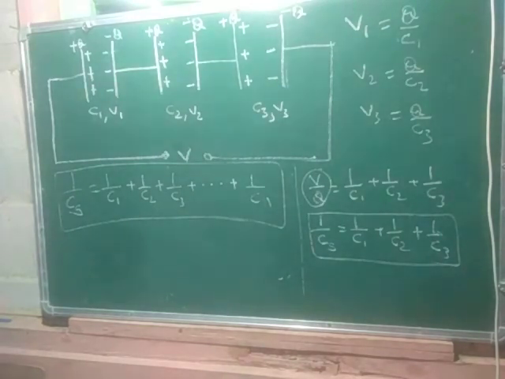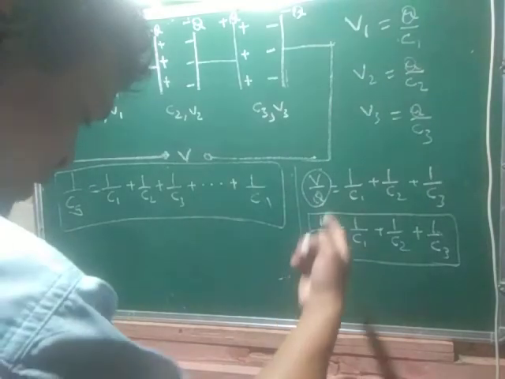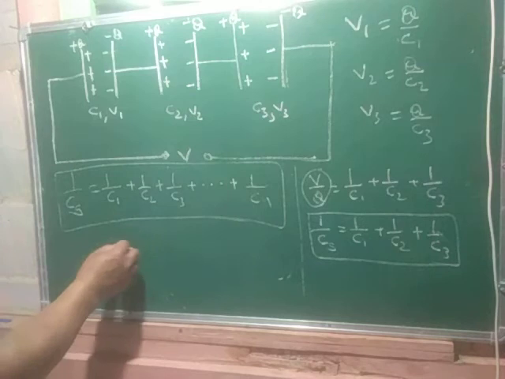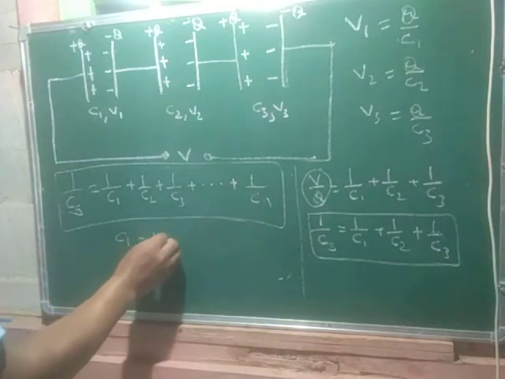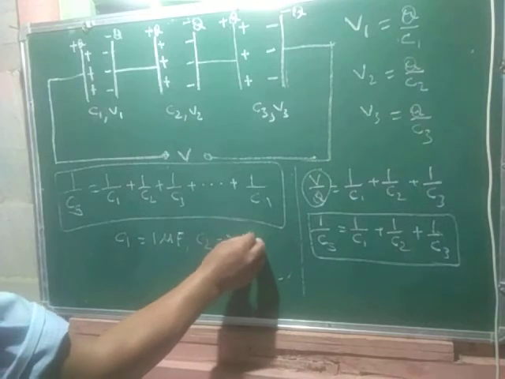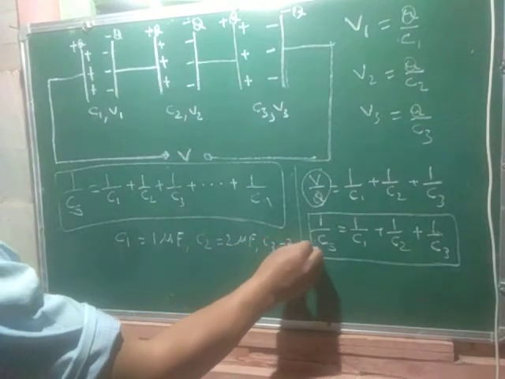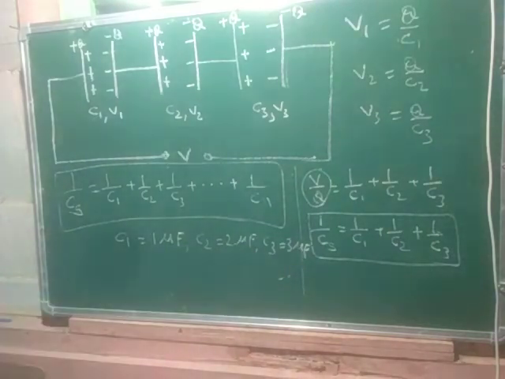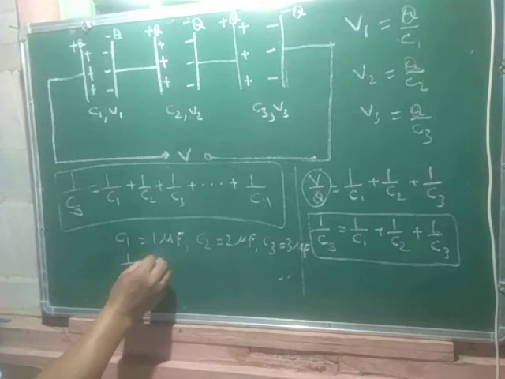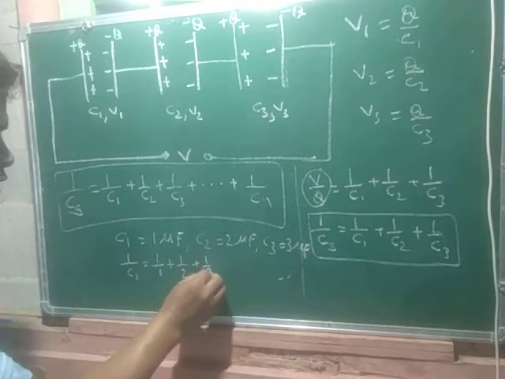Point number 2: the equivalent capacitance is smaller than the smallest individual capacitance. For example, if C1 equals 1 microfarad, C2 equals 2 microfarad, and C3 equals 3 microfarad, let's find the equivalent capacitance. 1 upon CS equals 1 upon 1 plus 1 upon 2 plus 1 upon 3.